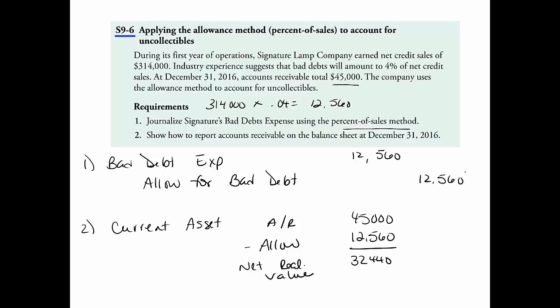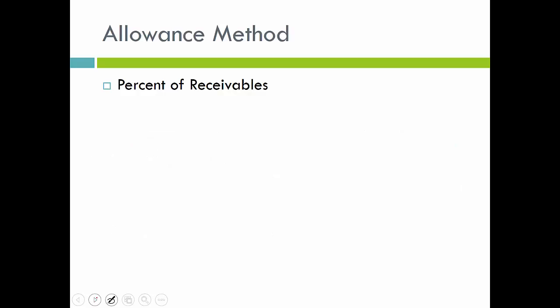And with the percent of sales method, I don't care about that. So if I was over or under last year, it doesn't matter. I still just write off the 12,560 this year. So I don't factor in whether I was over or under last year. In the next 2 methods, though, we do have to factor that in.